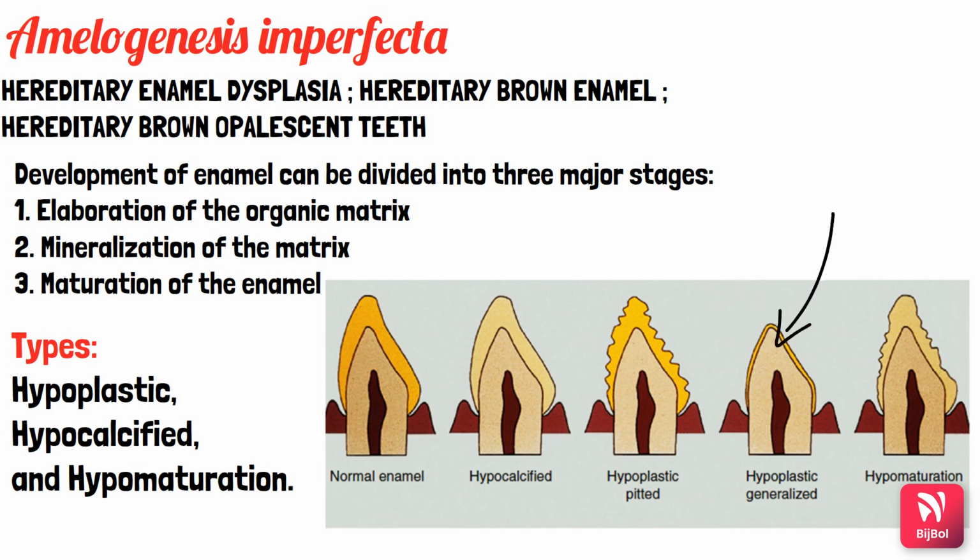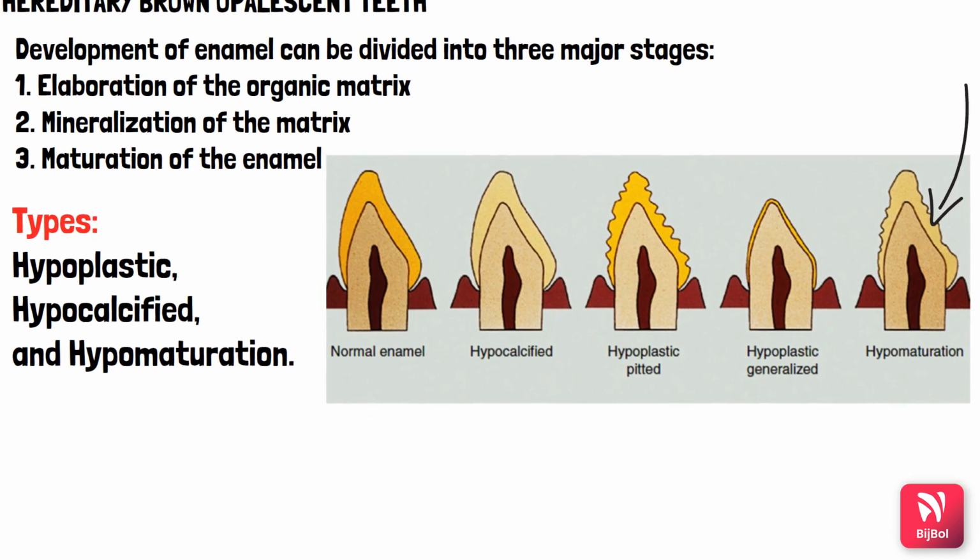Whereas in the hypomaturation type, the organic matrix is good and mineralization is also good, but there is a defect in maturation, which makes the enamel very brittle, resulting in chipping of the enamel surfaces upon biting.